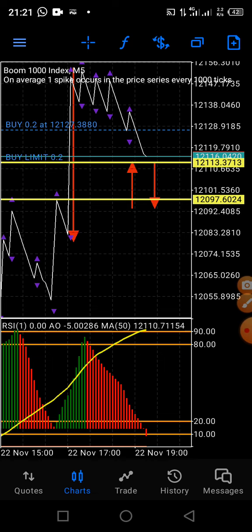So it is almost reaching our in-between, our in-between setup.